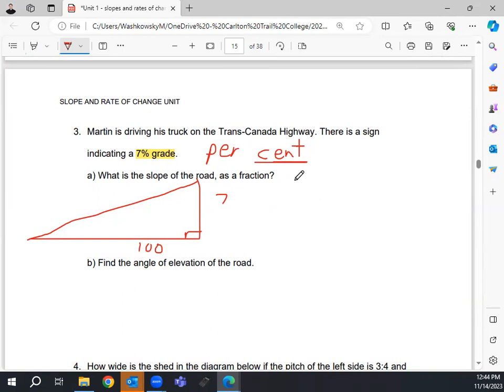We don't really use it anymore, but cent is a penny, right? Cent means 1 out of 100. So if I say 7%, it's just 7 out of 100. That's where the term comes from, and that's where I got that magical number 100. Percent literally means over 100.